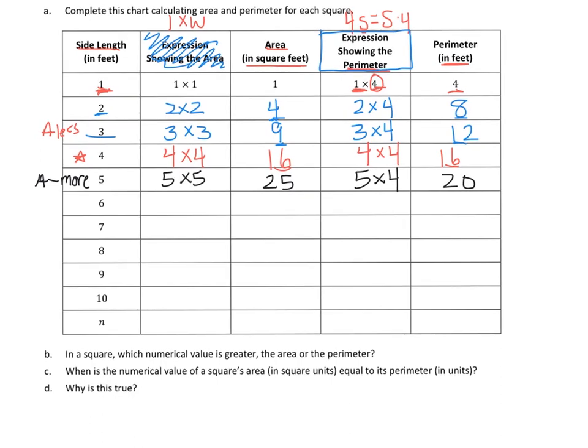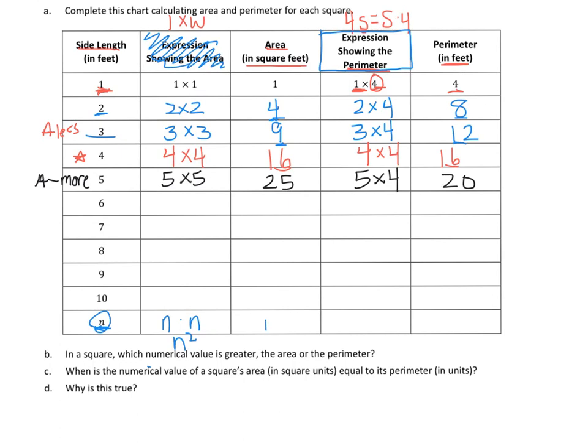This chart's really important to see where it goes, especially when you get into n. And I'll do n real quick because that'll help out. So for this one, when the side length is n, or we don't know it, to find area, it's n times n, or n squared, we could say, because n to the second power means n times n.